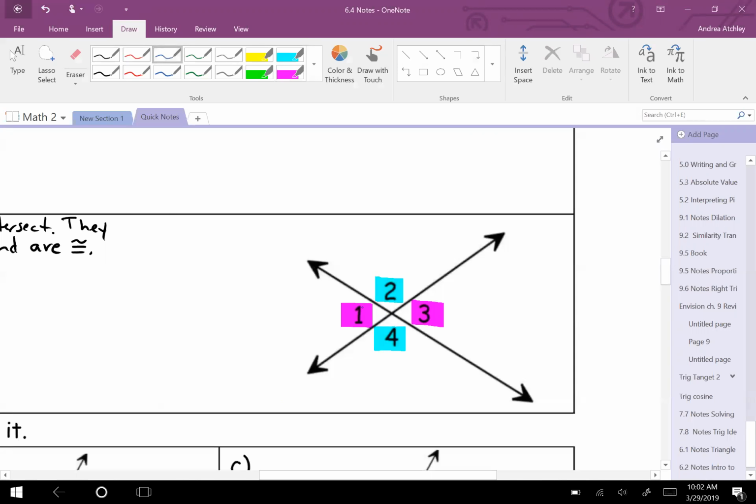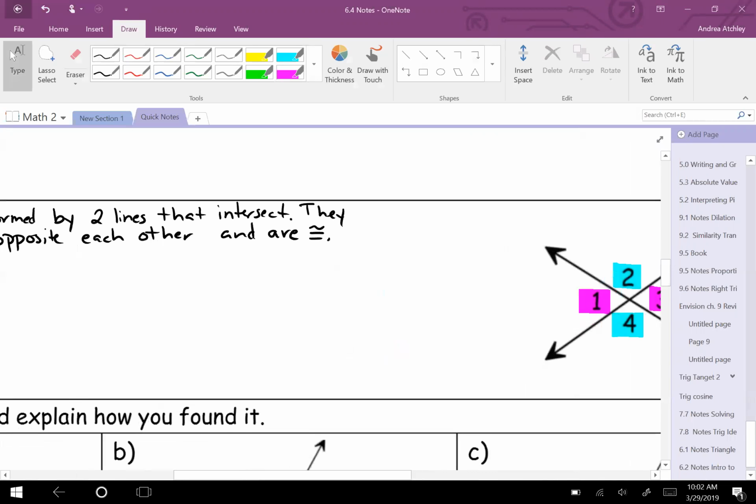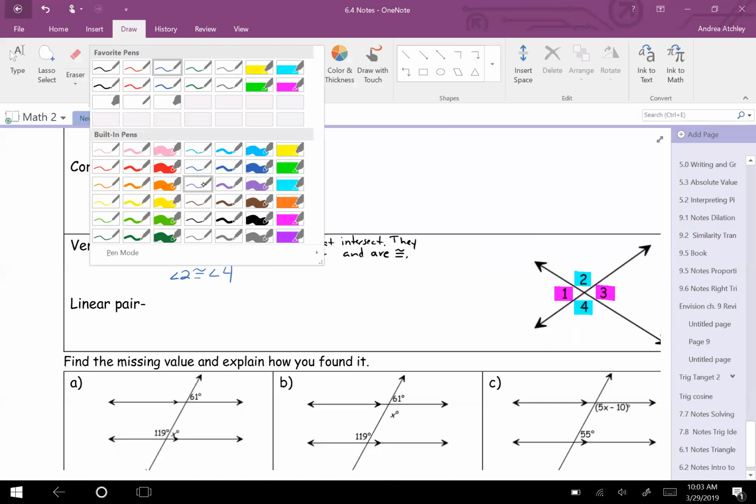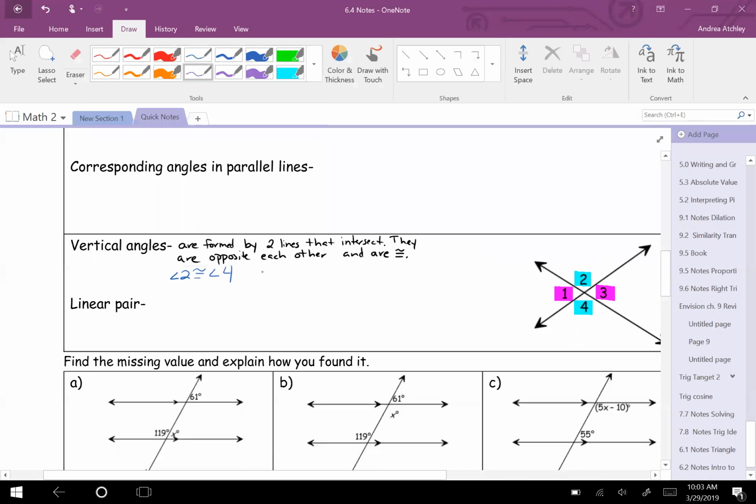And 1 and 3 because they're opposite each other. Does that make sense? So we would say in this case, angle 2 is congruent to angle 4. And angle 1 is congruent to angle 3. Any questions over that?